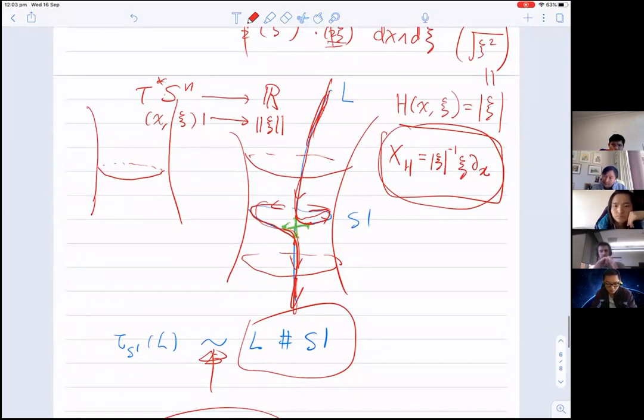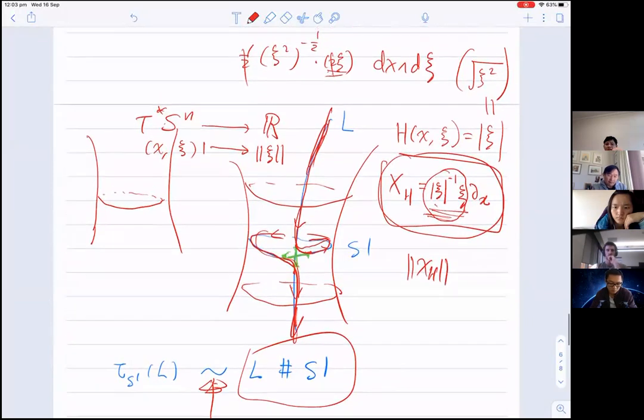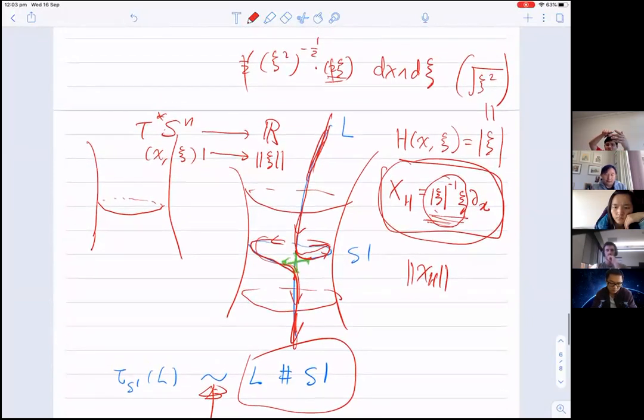And this Hamiltonian vector field is unital, because if you look at the norm of these Hamiltonian vector fields, this is a unit vector. So this X_H you get from the contraction of the form? Oh, okay.